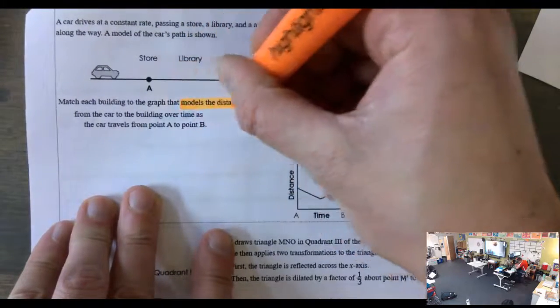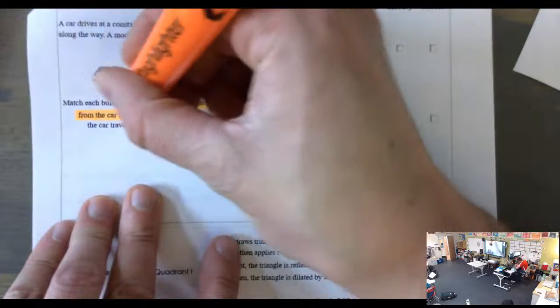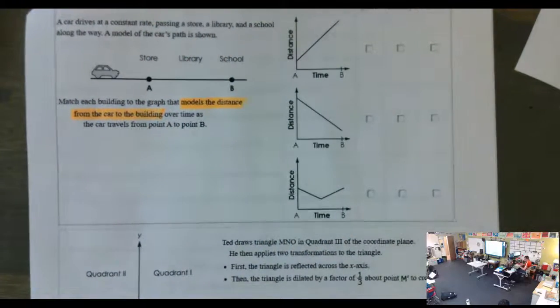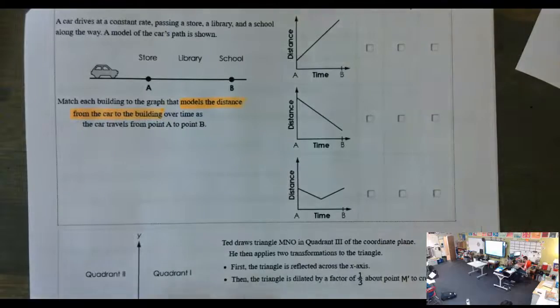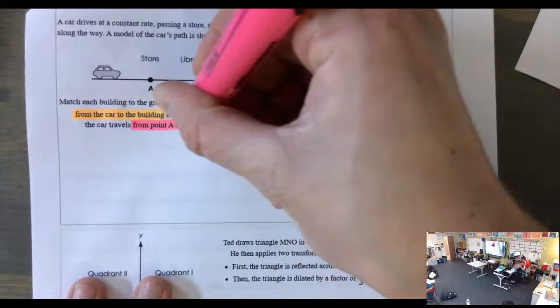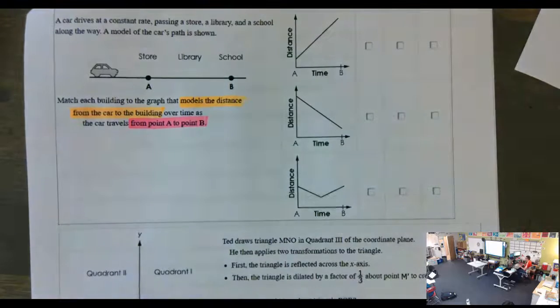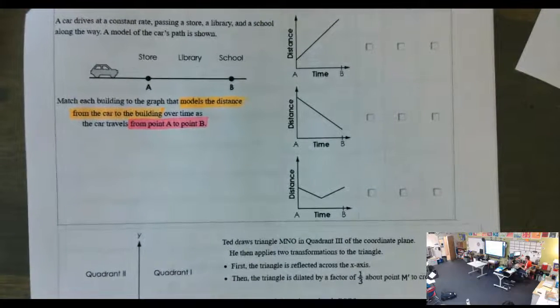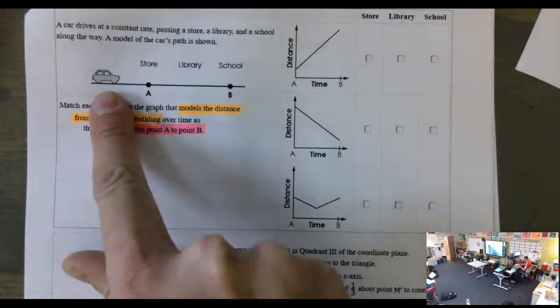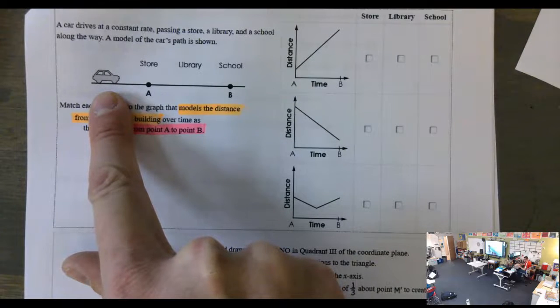We're modeling the distance from the car to the building. Like, what is the distance between them? But this bottom sentence is the most important part. We're starting our graphs when the car is at point A, not when the car is where it is.